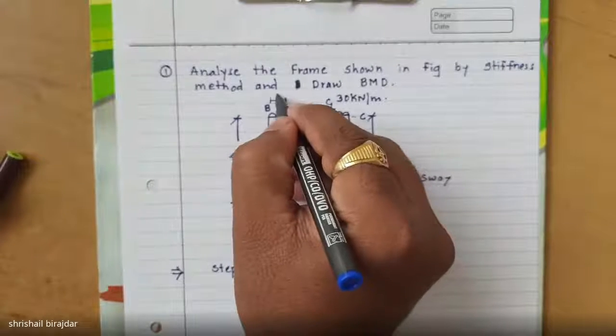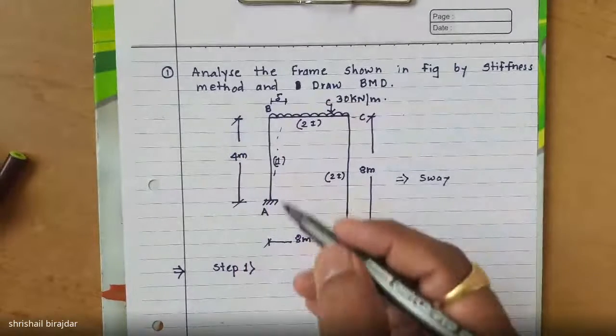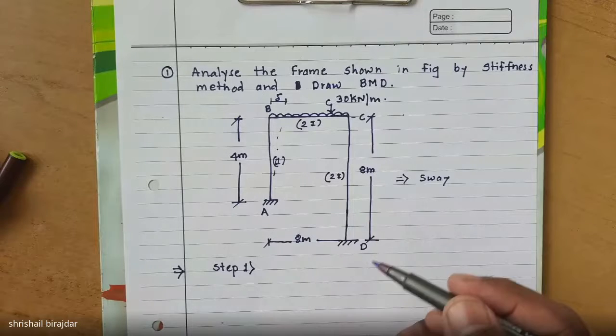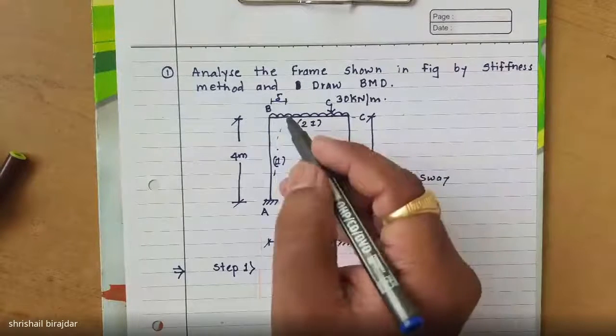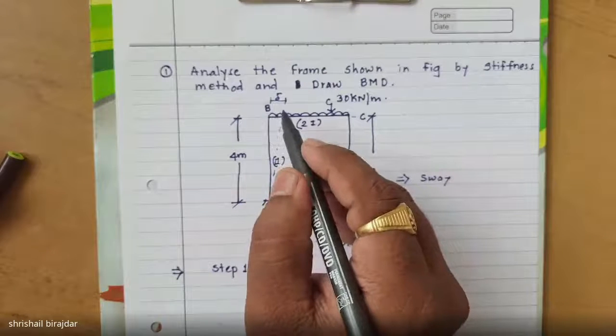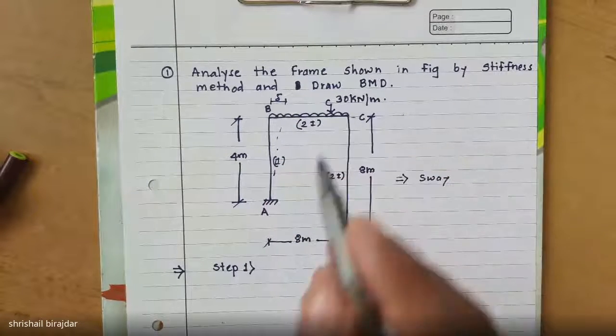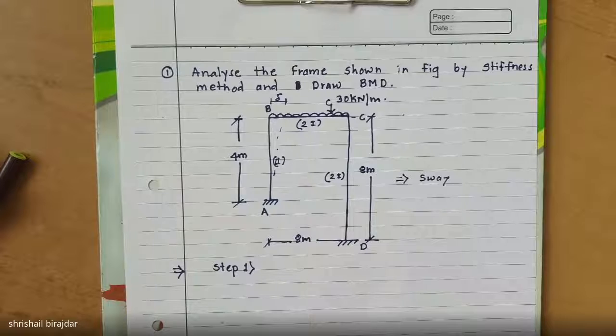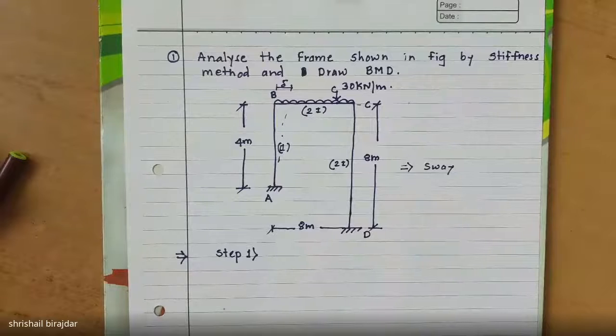The deflection we have to find in the column AB as well as CD, and the unknowns present at B, theta B is unknown, theta C is unknown. On the contrary, we have to find out the degrees of kinematic indeterminacy. You know how to find it.